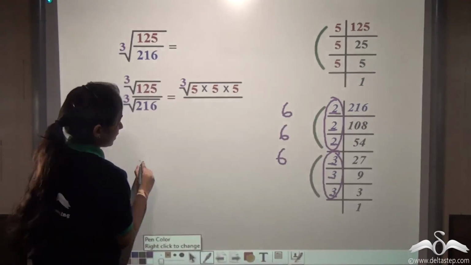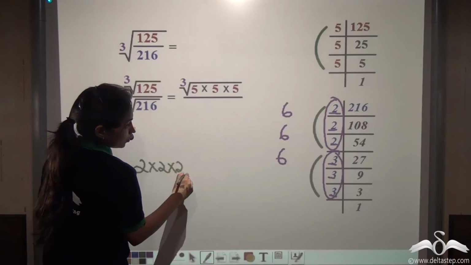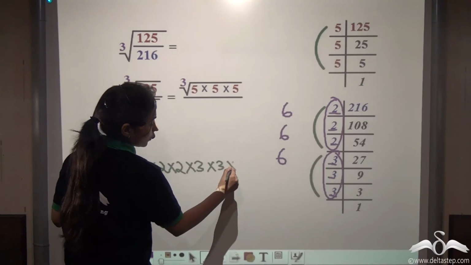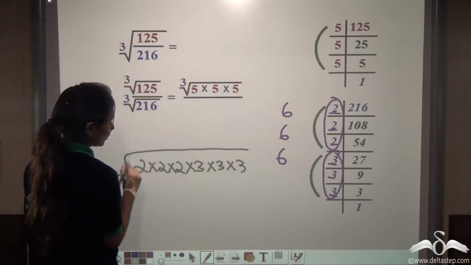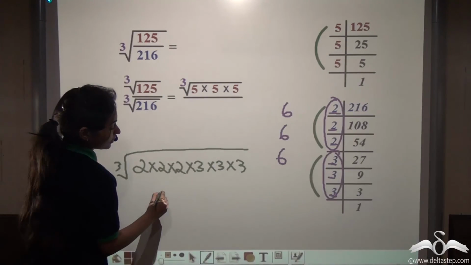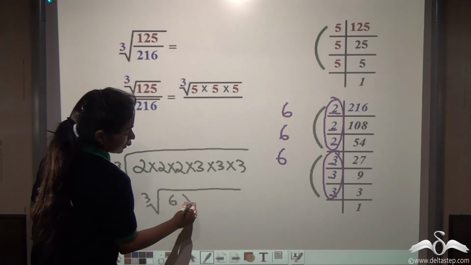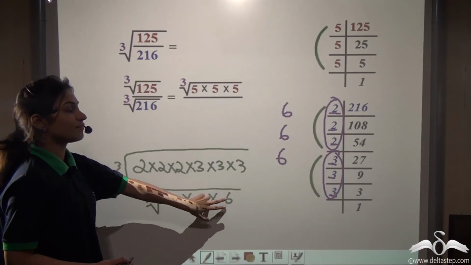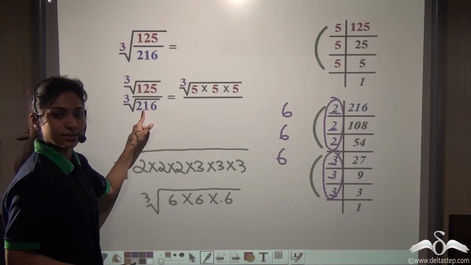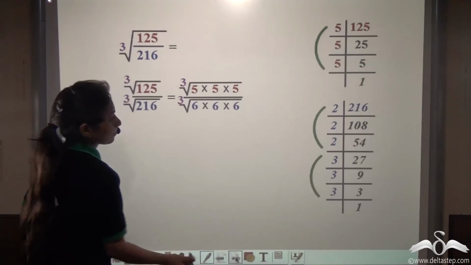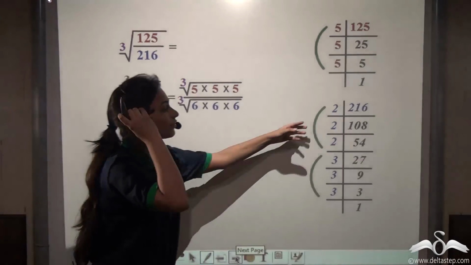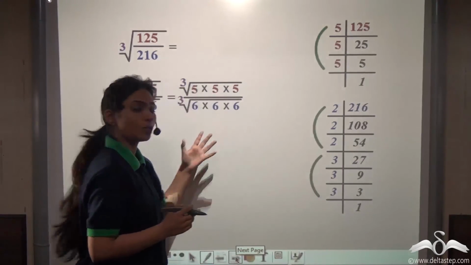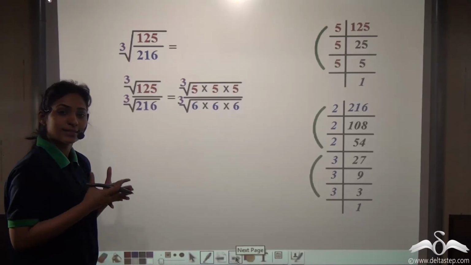Either you can write this as 2 into 2 into 2 into 3 into 3 into 3 and then cube root it like this. Or you can write it simply as 6 into 6 into 6, as you know that 6 multiplied with itself 3 times will give you 216. Even if you had written in the first type, it would be correct because you would get the same answer.